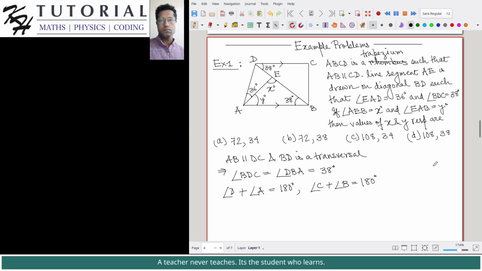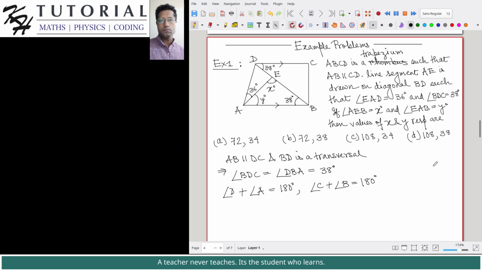Let me quickly check if I am missing any other information given in the problem. Okay, I am indeed missing one piece of information: ADE is an isosceles triangle with AD equal to AE.